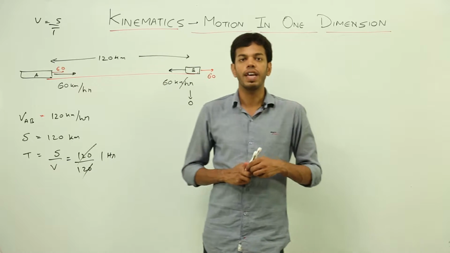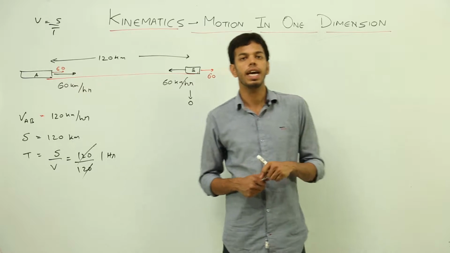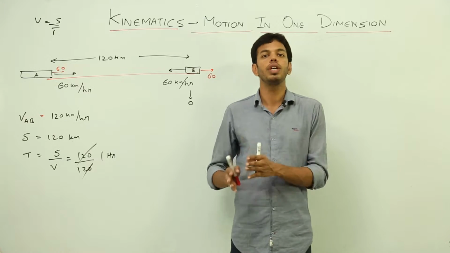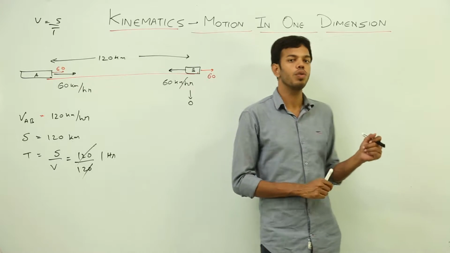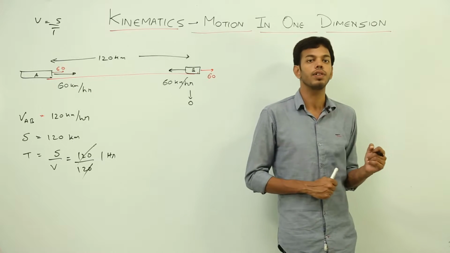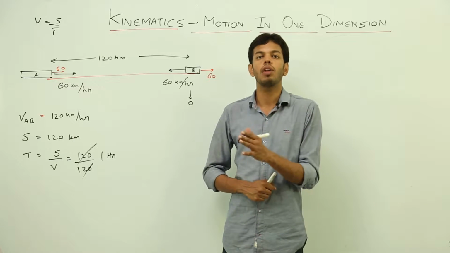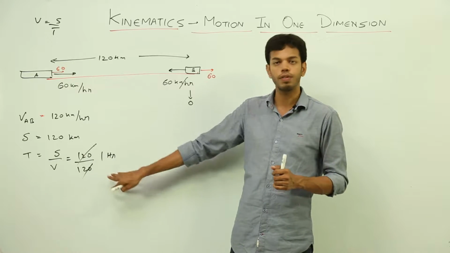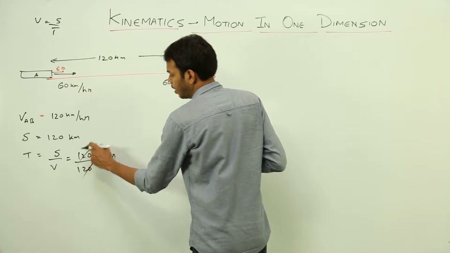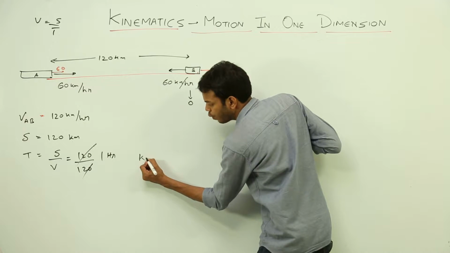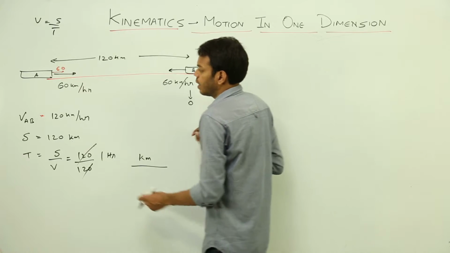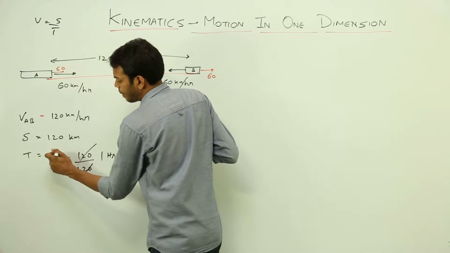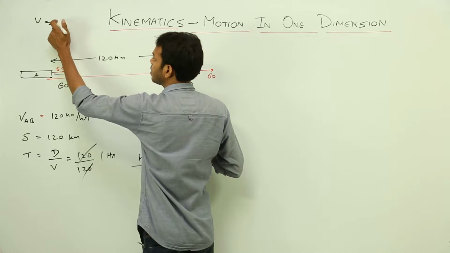One more very basic thing for you to understand: if you are doubtful about your answer anywhere, no matter which chapter you are doing, if you have the slightest hint of doubt, try to calculate the SI unit of the answer you have obtained. For example, here on the numerator side the unit was kilometer because it was the distance. Stop getting confused, I am writing it as D. Done?